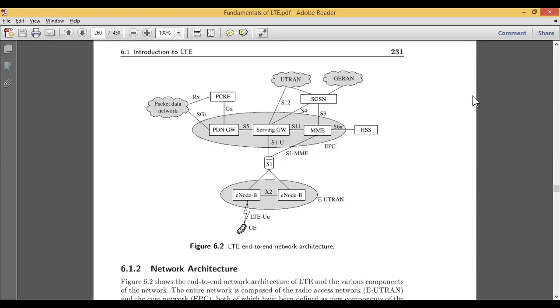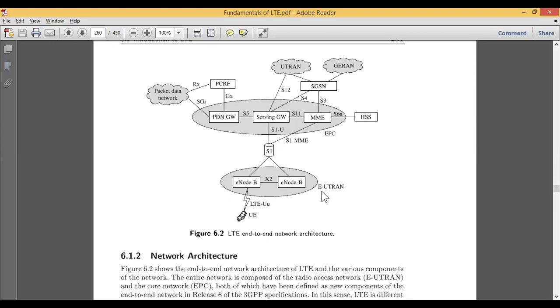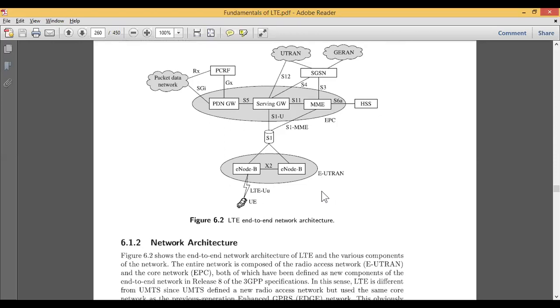And you have two very important interfaces in mobility management, that is the S1 interface and the S2 interface. Using all these various blocks of the network, it shows how LTE is connected end to end in this network architecture.